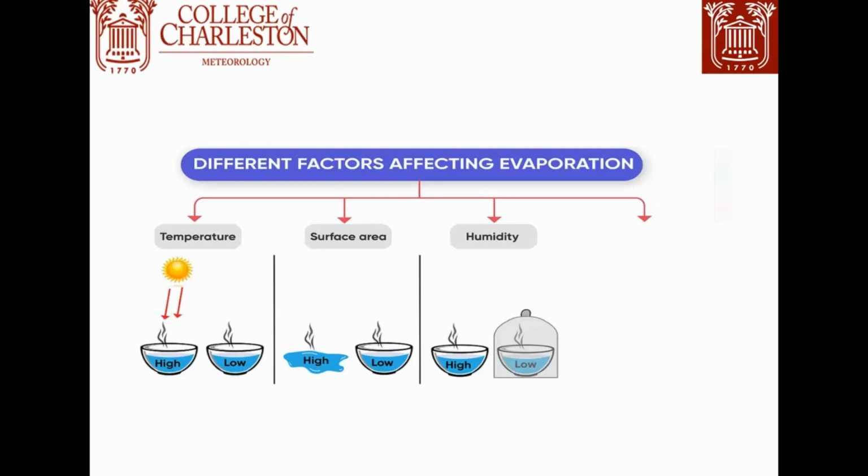Now, conversely, the more humid the air is, the higher the relative humidity. And the higher the relative humidity, the closer the air is to being saturated, and therefore there's less water that can be evaporated into the air. In this sense, this is why it is popularly said that warm air can hold a higher amount, or a higher concentration, of water vapor.